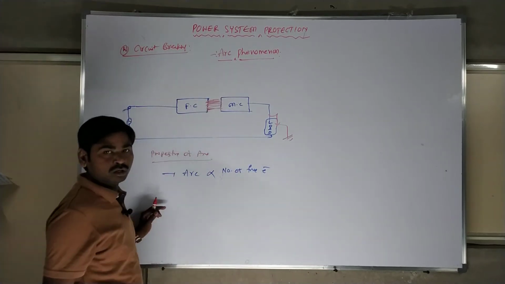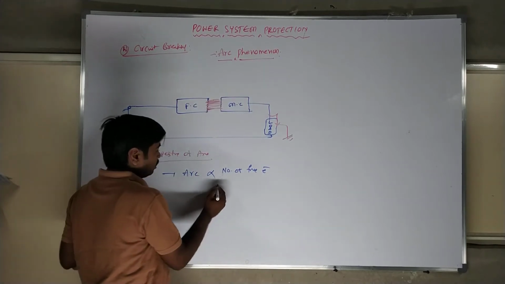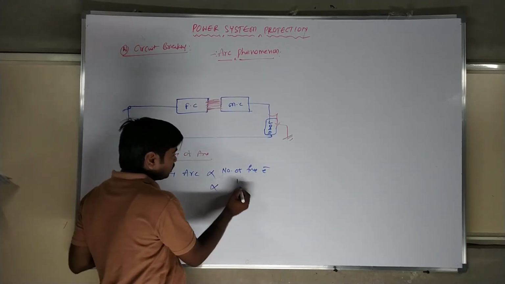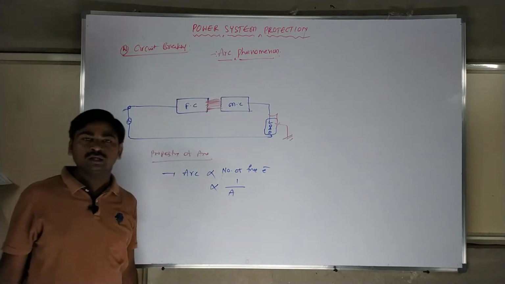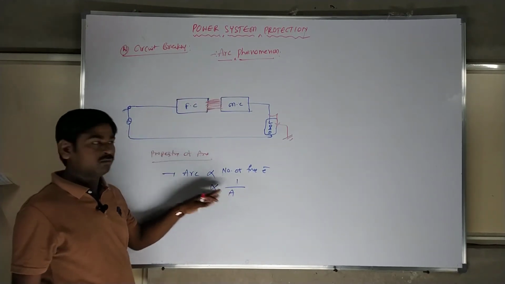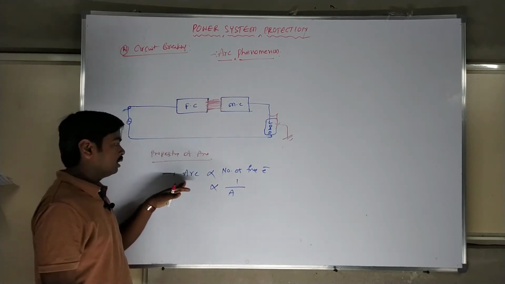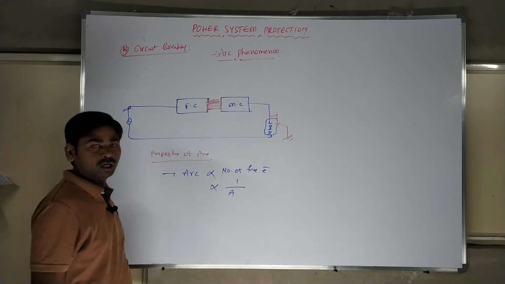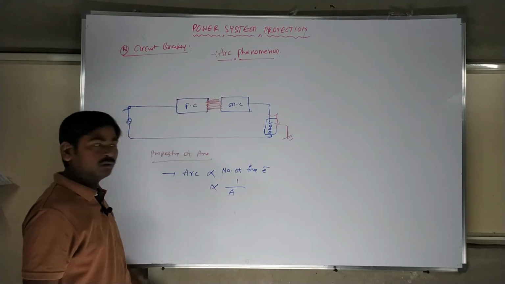If there are more electrons between the fixed and moving contacts, the arc will be more. Next, the arc is inversely proportional to the area of cross section. If the cross section area of the contacts is more, the arc will be reduced.